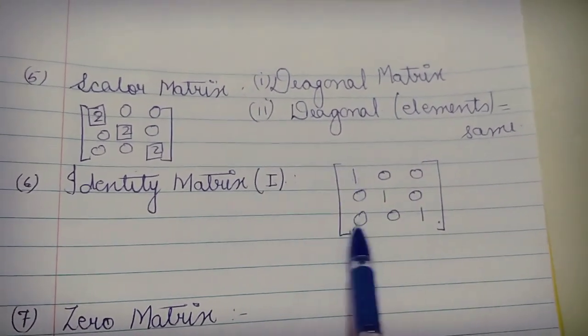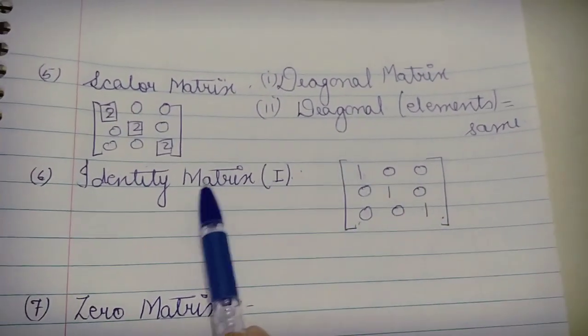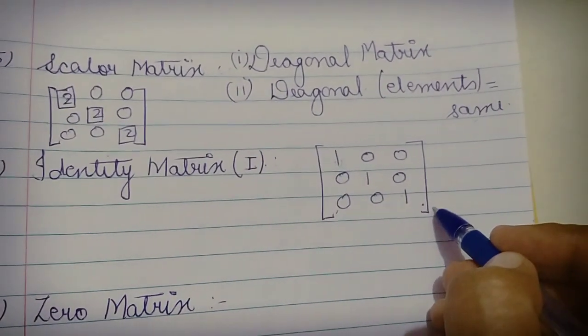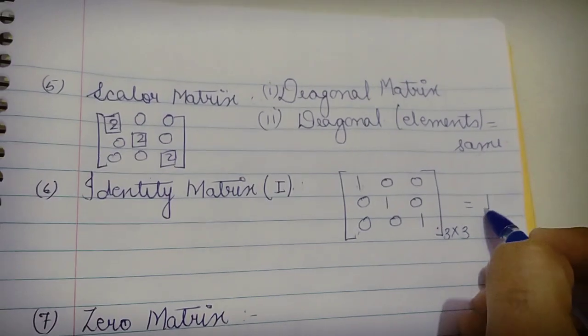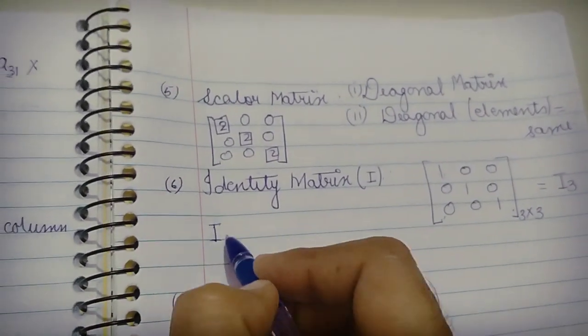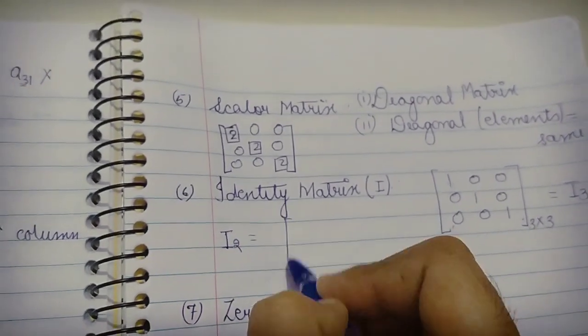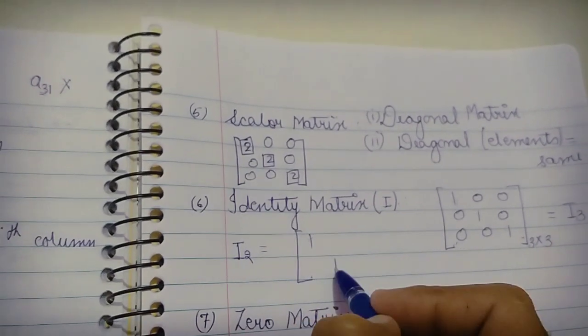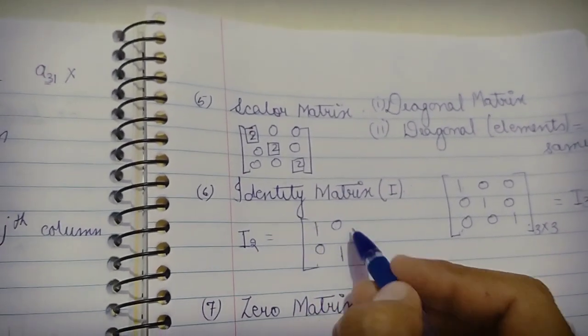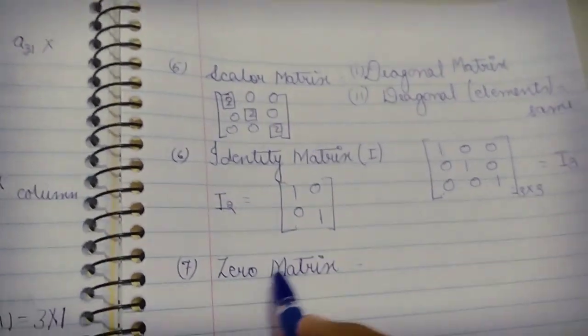This is the example of identity matrix of order 3. That's why it is denoted by I3. What about I2? That means identity matrix of order 2. 1 1 principal diagonal elements and remaining elements is equals to 0.